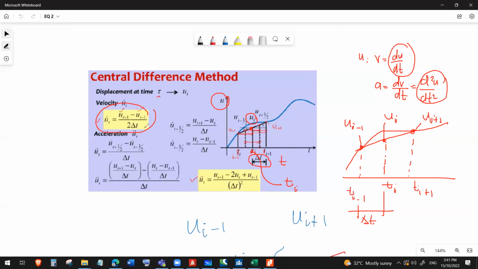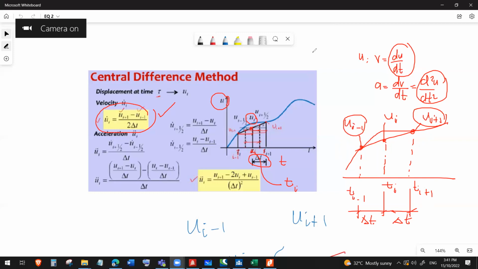So the velocity at u sub i, or at the location t sub i, is simply u sub i plus 1 minus u sub i minus 1, divided by 2 delta t, because the distance it covers is two delta t, right? So this is correct. So we have established that. So the velocity there is u sub i plus 1 minus u sub i minus 1 divided by 2 delta t.